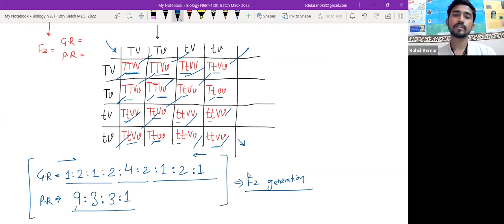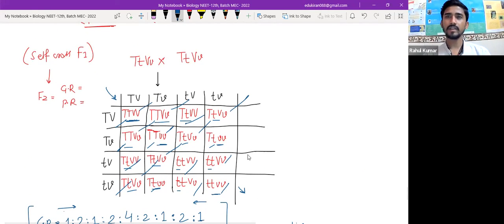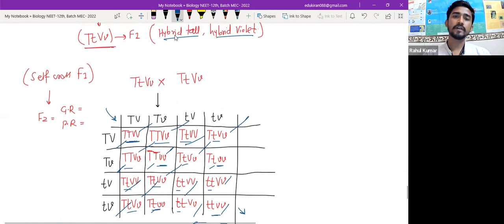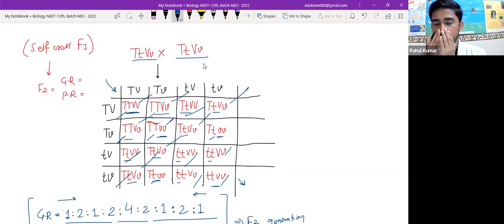Now by this cross, what did you learn? What can you tell me? We started with a hybrid tall and hybrid violet. Tall and violet, tall and violet. Was there any parent which was tall and white, or dwarf and violet, or dwarf and white to begin with? No, right?